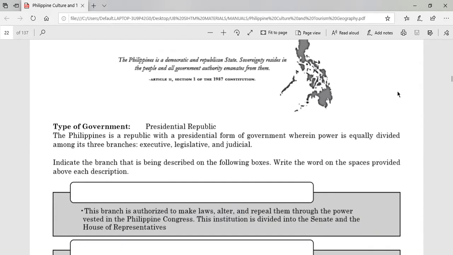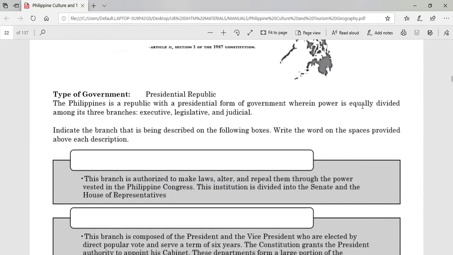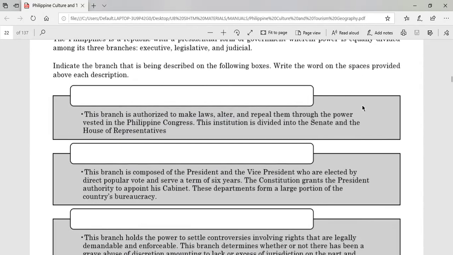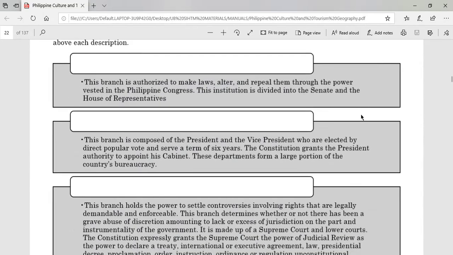What is the presidential republic? It's a form of government wherein power is equally divided among its three branches, which are the executive, legislative, and judicial. If you can see in your handout, these ones are blank, so we're going to answer them during this discussion.